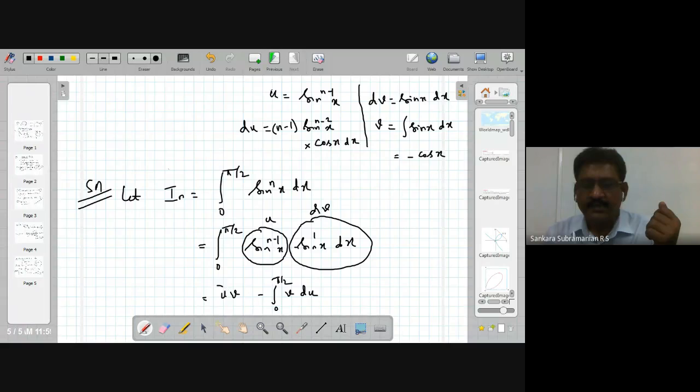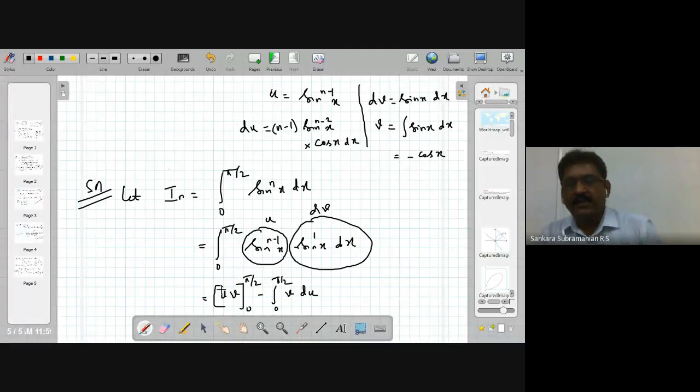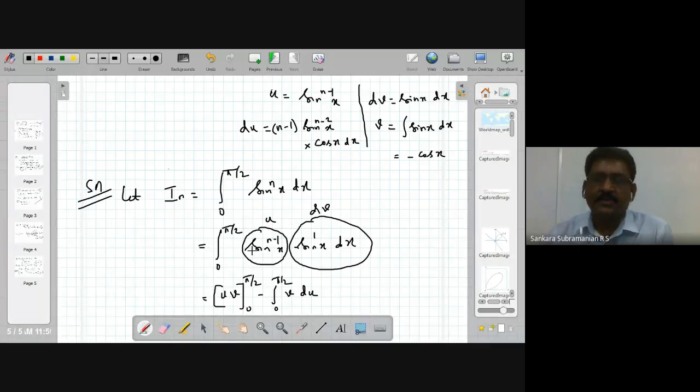கடைசியில போடணும், After integration I should go for the limits 0 to pi by 2.